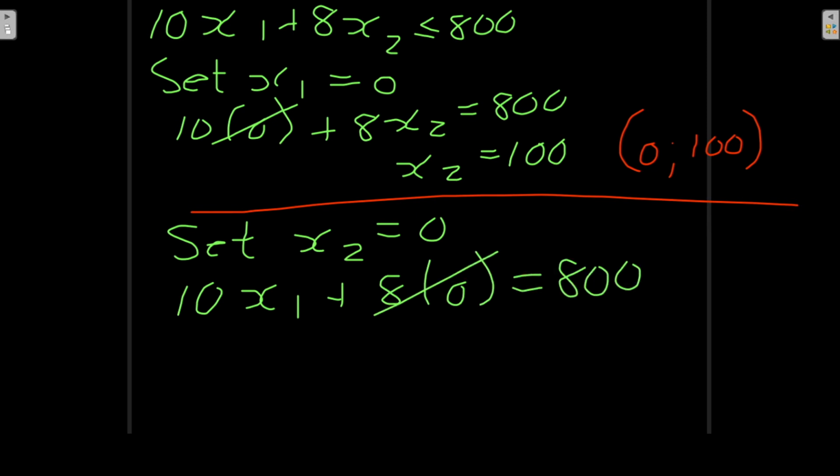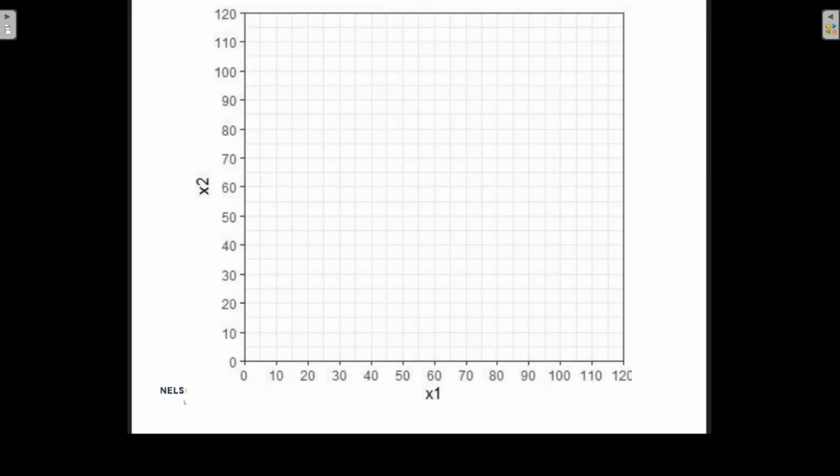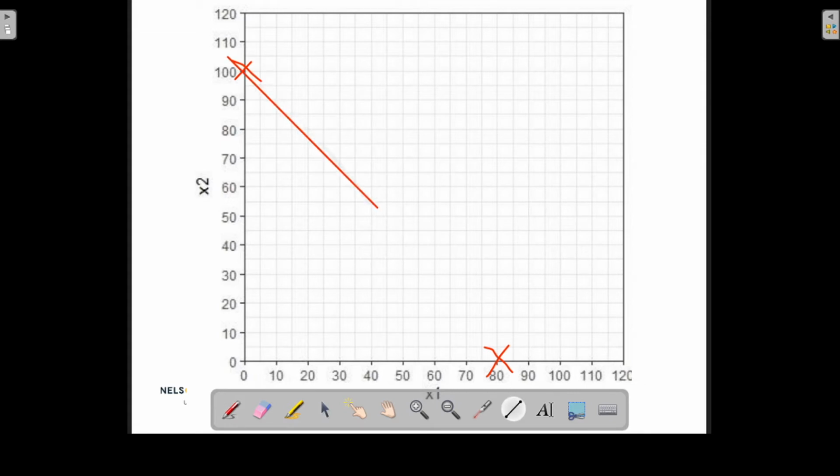So this part will fall away. 10x1 is equal to 800, so that means that x1 will be equal to 80. So my second point on my graph will be the point (80, 0). So we can draw this first constraint on our graph. This is my first constraint.